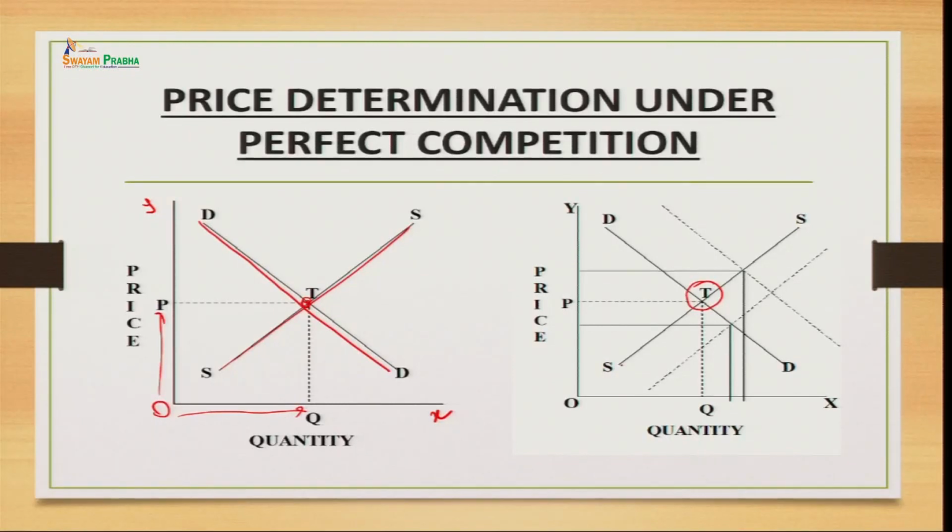So, because of any reason, if the supply increases, let us say the supply curve shifts towards the right, and this S is the new supply curve. The demand remains the same and supply increases. So, what will happen? The price of the commodity will reduce.